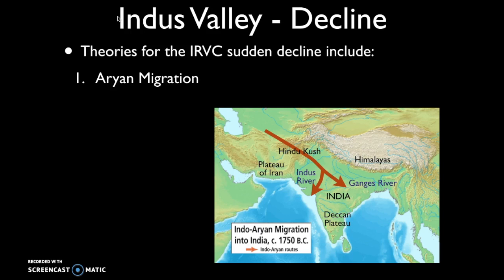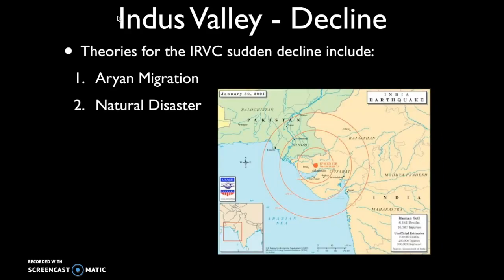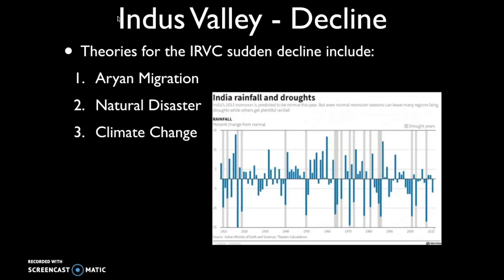So another possible explanation might be the presence of natural disasters or earthquakes. This region is sitting on two different tectonic plates, and so that's the epicenter for many earthquakes. But there's, again, not sufficient evidence to support this theory, although there's possible evidence of it.